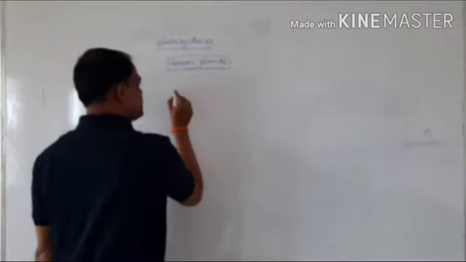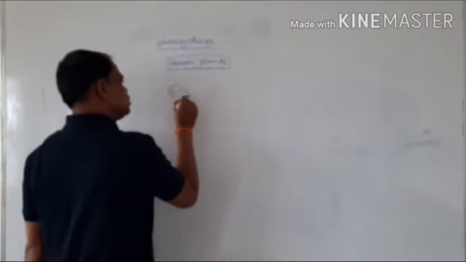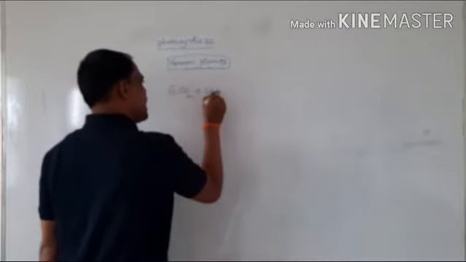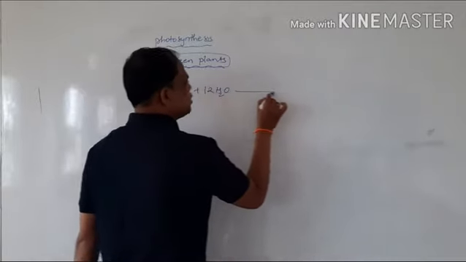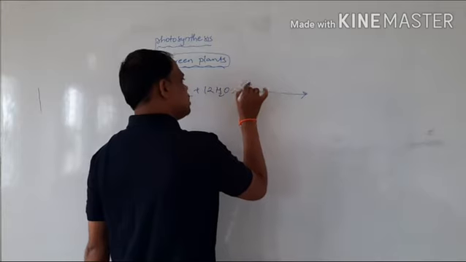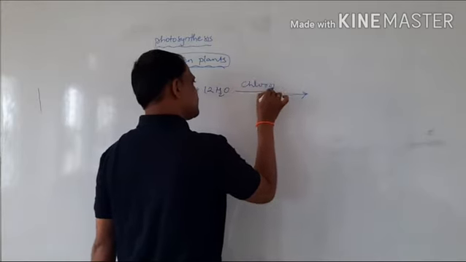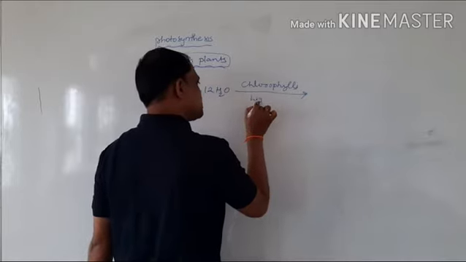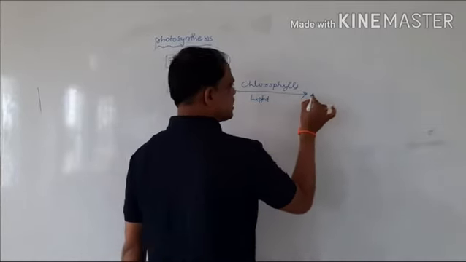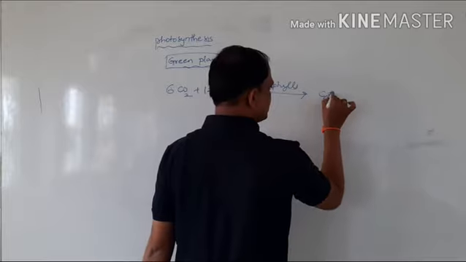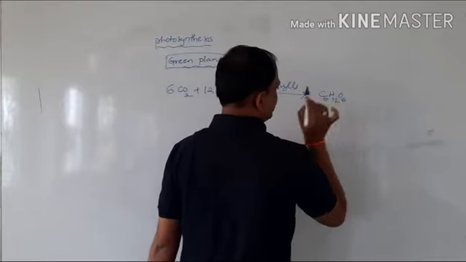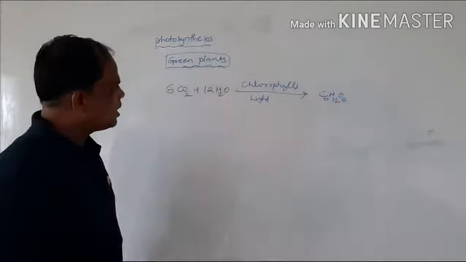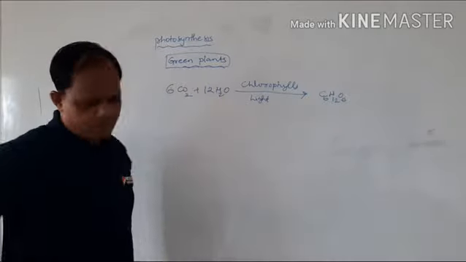The best example is that 6 CO2 and 12 H2O, in the presence of chlorophyll and light, can synthesize the food material C6H12O6. Okay, this is the equation of photosynthesis.